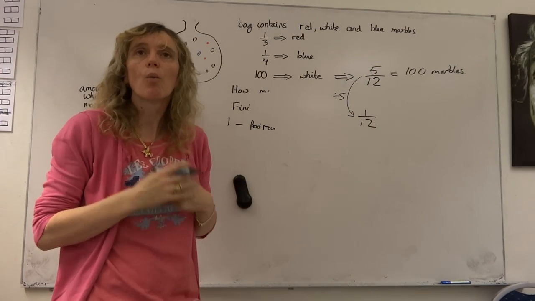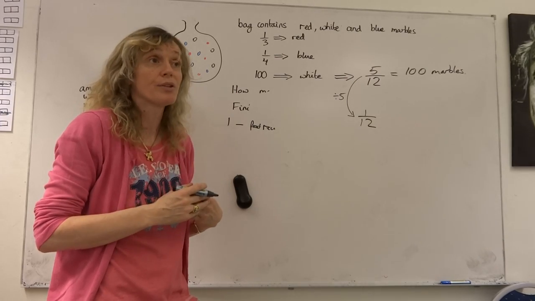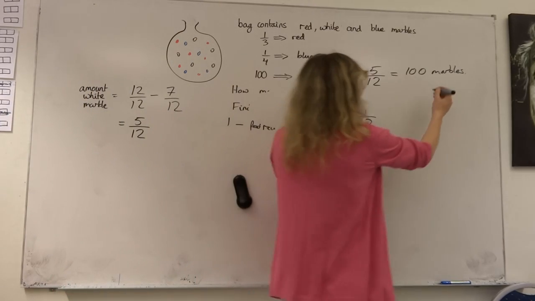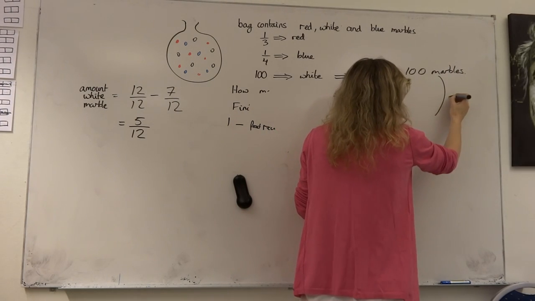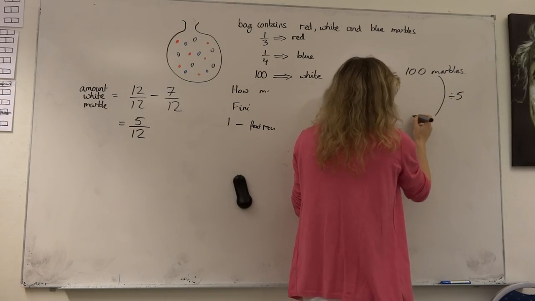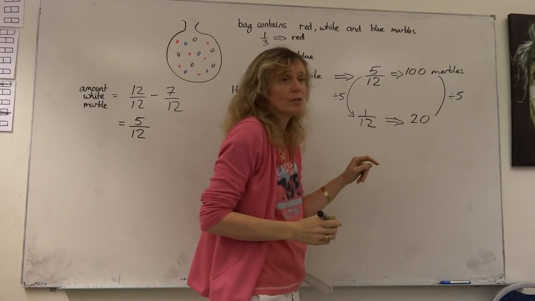And when I've worked out what 1/12 of the marbles is, it's really easy for me to work out what 12/12 are. So 1/12 of the marble, if I divide this side by 5 to get 1/12, I do the same thing here. So I get that 1/12 is equivalent to 20 marbles.